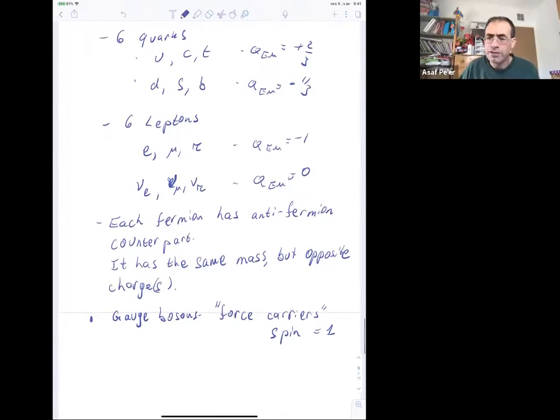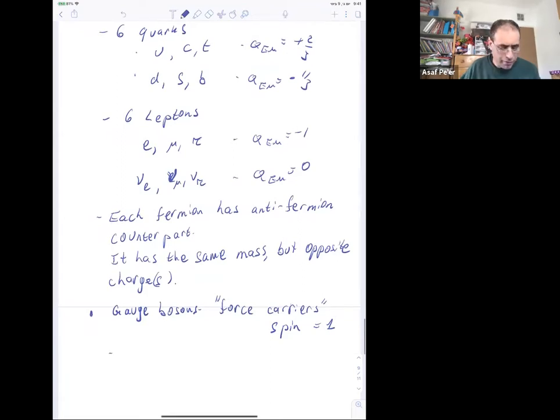Since we have 3 forces, excluding gravity here, right? This is a strong force. Then the gauge boson that mediates the force is the gluon. Strong force, or strong interaction. The mass is 0.